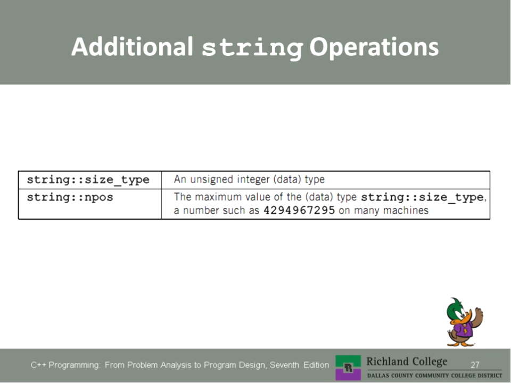Okay, so you can see that string also has its own namespace, and within the namespace we have a size_type, which is an unsigned integer. So how come we're not just going to say unsigned integer?